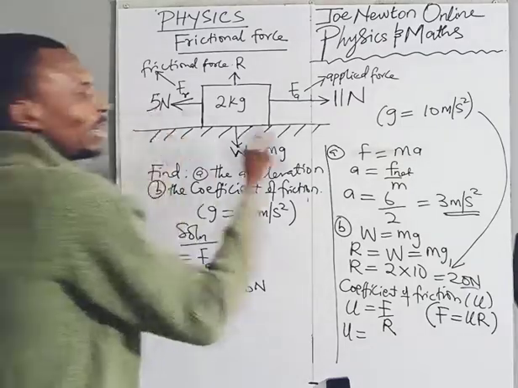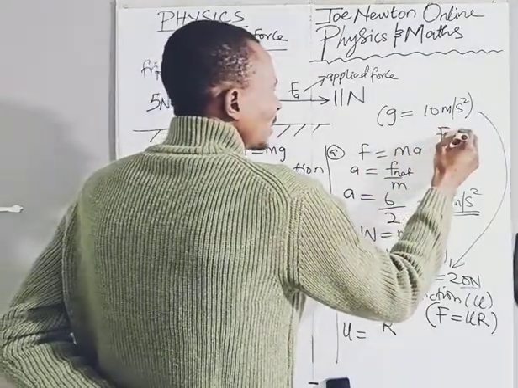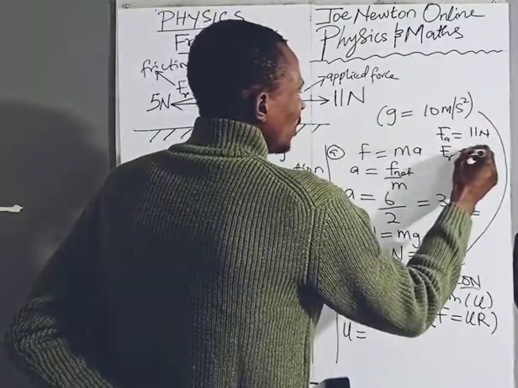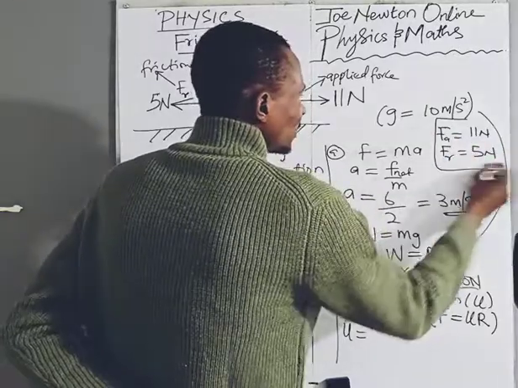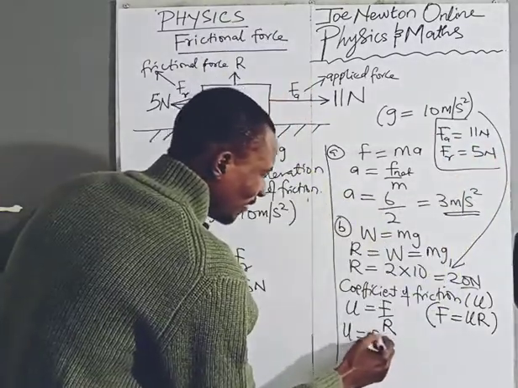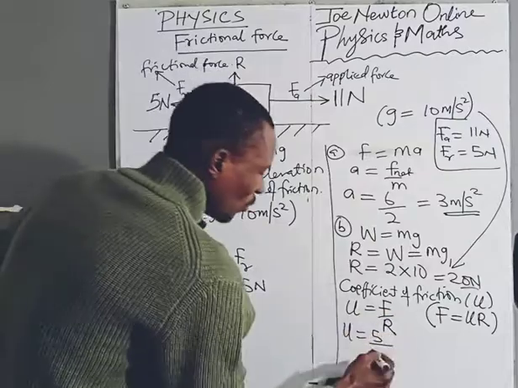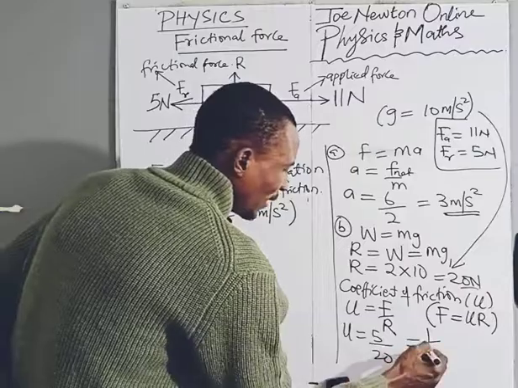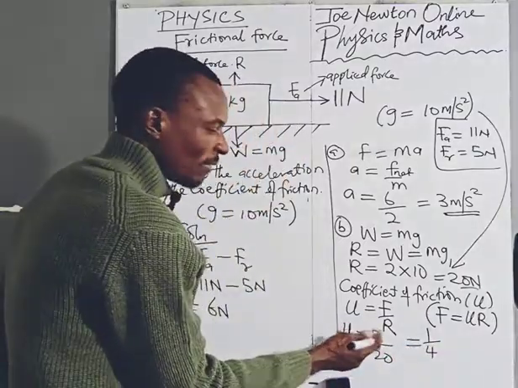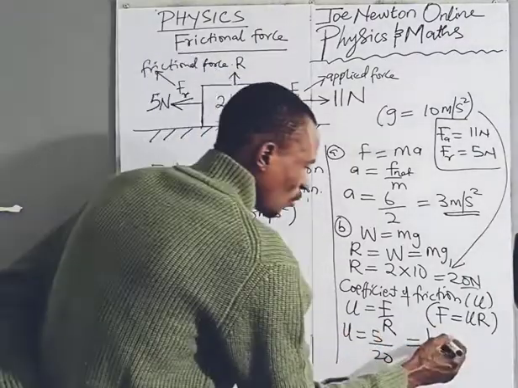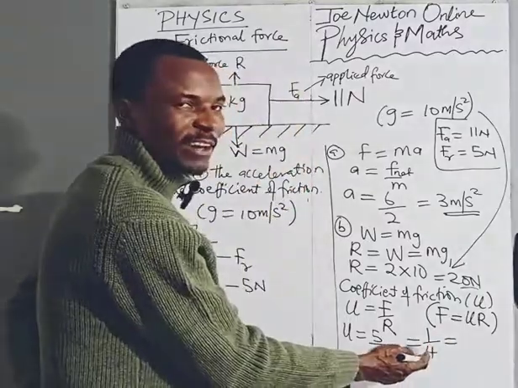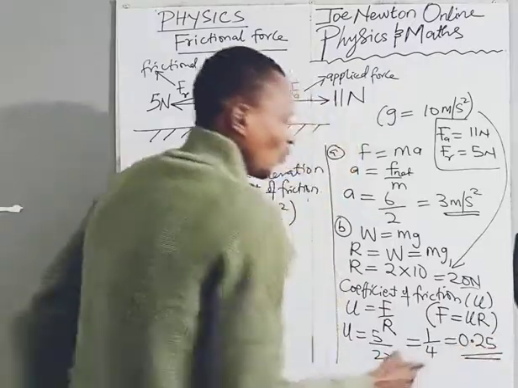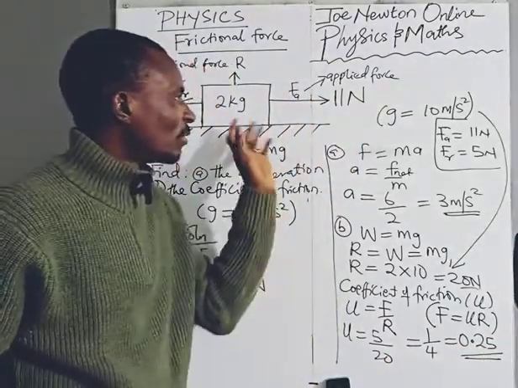Do not forget that our applied force is 11 Newton and our frictional force is 5 Newton. So we have 5 Newton over normal reaction, which is 20, which is equal to 1 over 4, because 5 divided by itself is 1, and 20 divided by 5 is 4. When you go further to get this in decimal, that will give you 0.25. So that's the coefficient of limiting friction for this body.